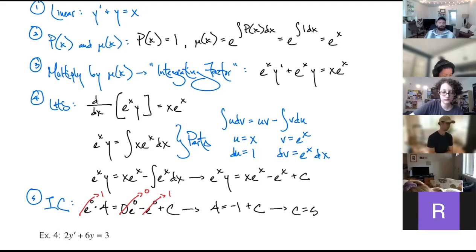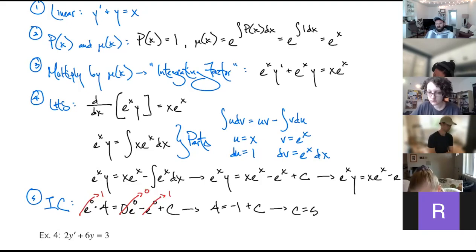And so when we go ahead and finalize our solution, we'll get e to the x y equals x e to the x minus e to the x plus 5, which would be an absolutely fine way to leave it.